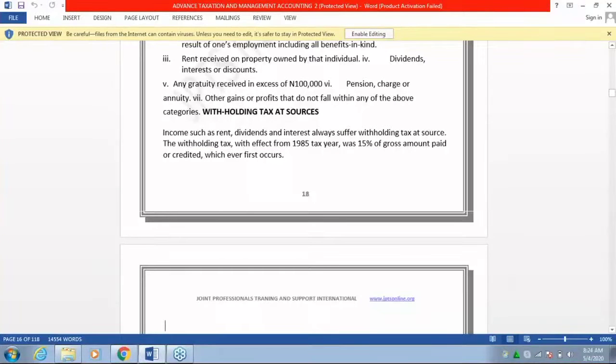Now, withholding tax at source. When we are talking of withholding tax, income such as rent, dividend, and interest always suffer withholding tax at source.